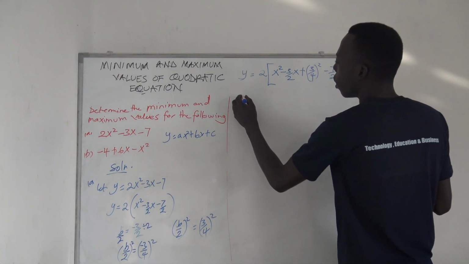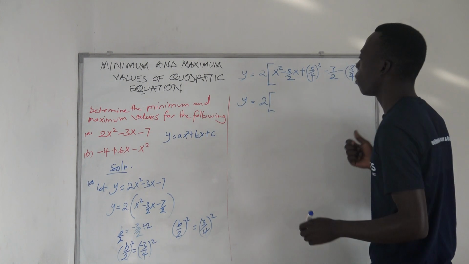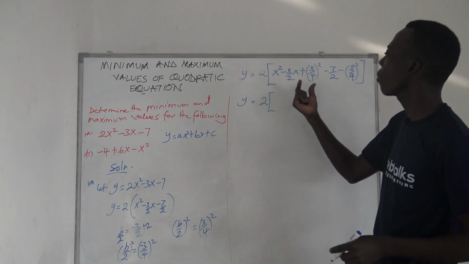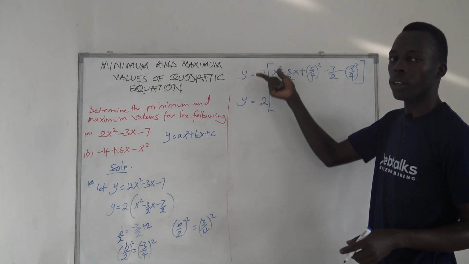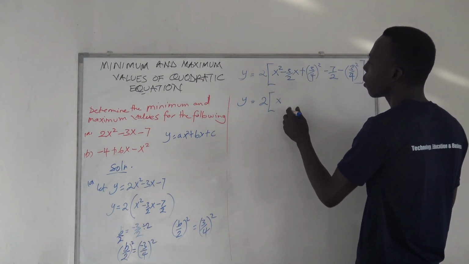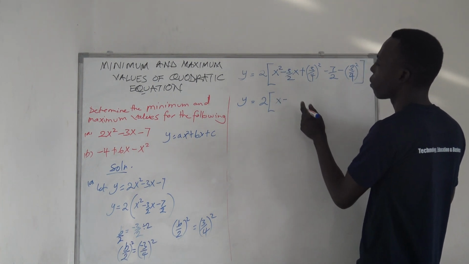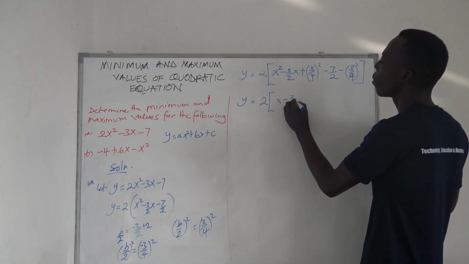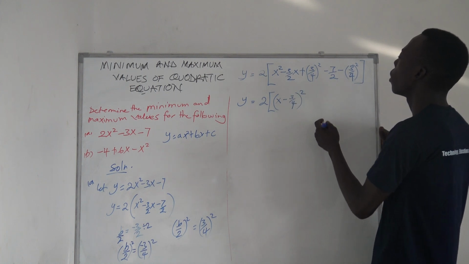Here we continue that our y now will become 2, open the bracket. We see which number you can square to get the whole of this result. We pick x, and we see the sign in the middle, which is a minus. So this side it becomes 3 out of 4, then you square it.